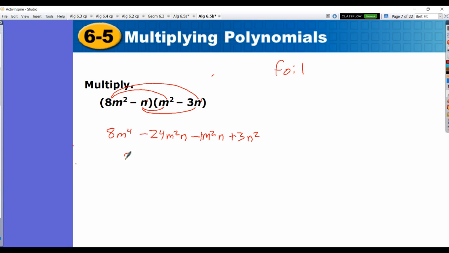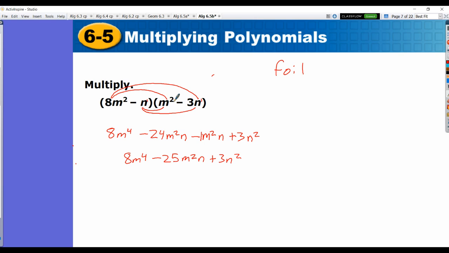So what I have left is 8m^4. These combine to negative 25, and that was an m^2n. And at the end here, I could just do plus 3n^2, like that. All right, so that would be my final answer for those two binomials multiplied together.